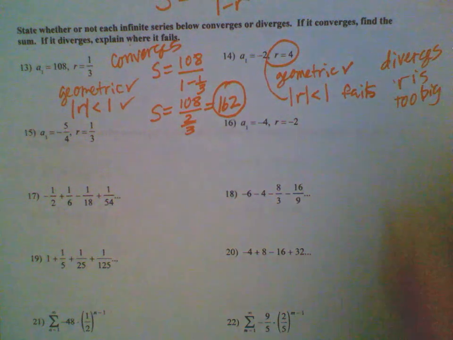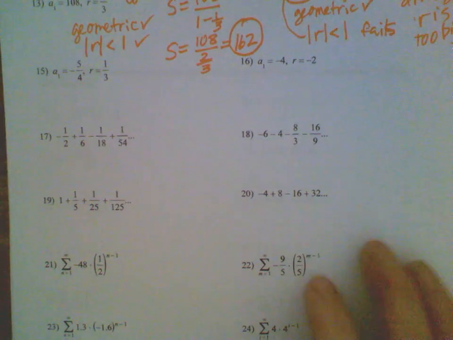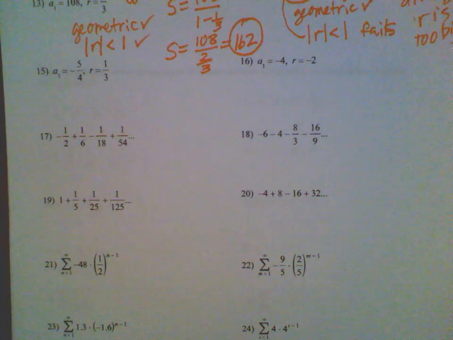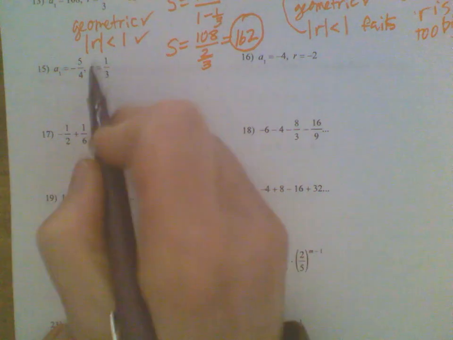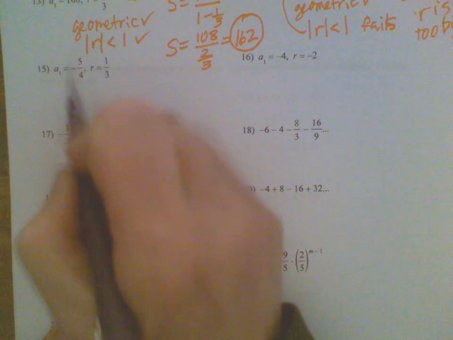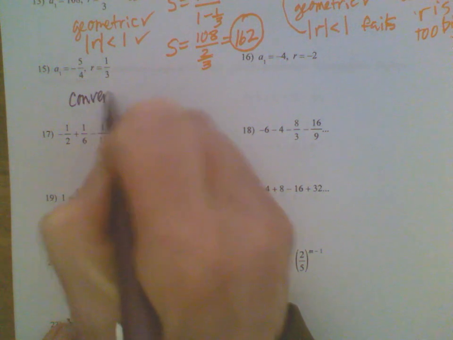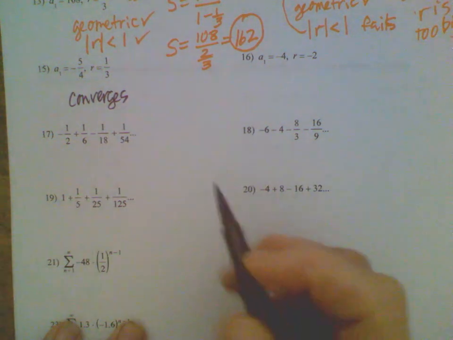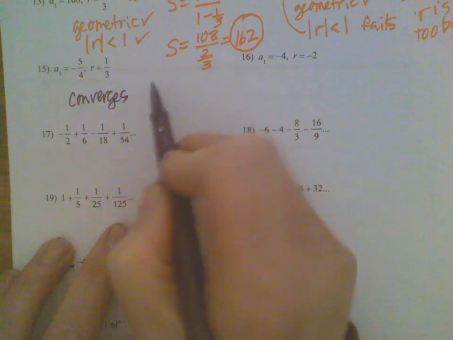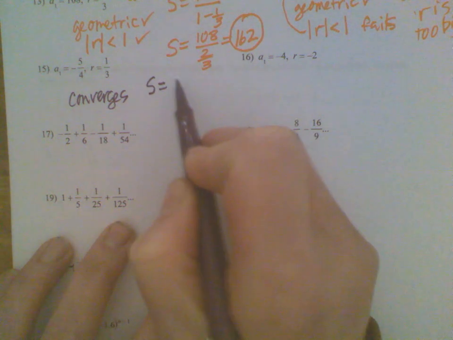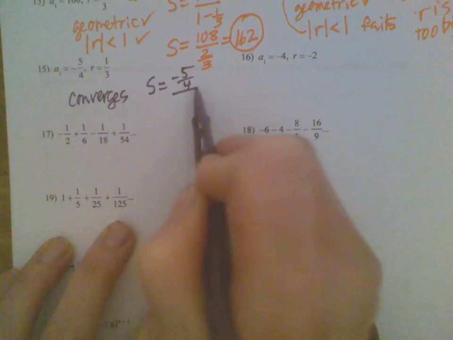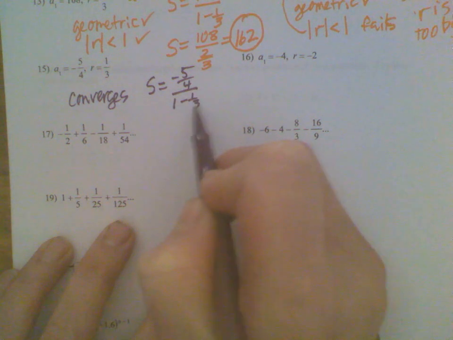Okay? So let's kind of go through that again with number 15. Number 15, it is geometric, yep, and R is the right size, so this converges. And it converges to the sum. The sum is negative 5/4 over 1 minus 1/3.